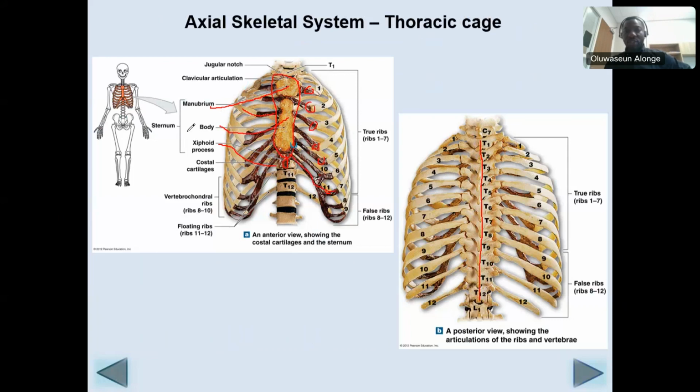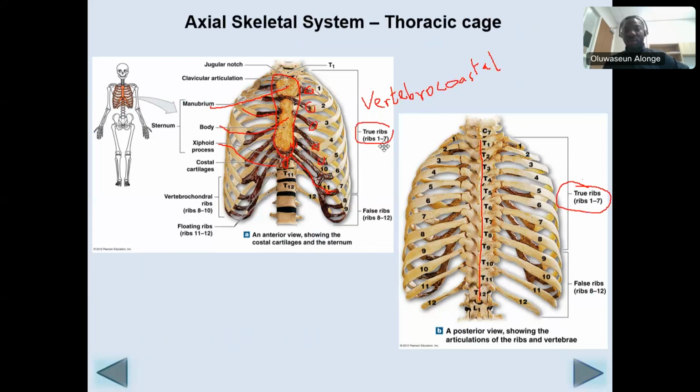So we call those vertebrosternal ribs, because they are connected to costal cartilages, and they are called true ribs. Why are they called true ribs? They are called true ribs because they connect directly to the sternum through the cartilage.